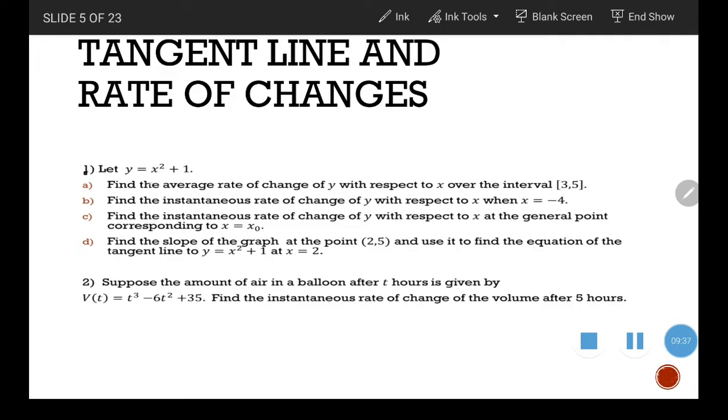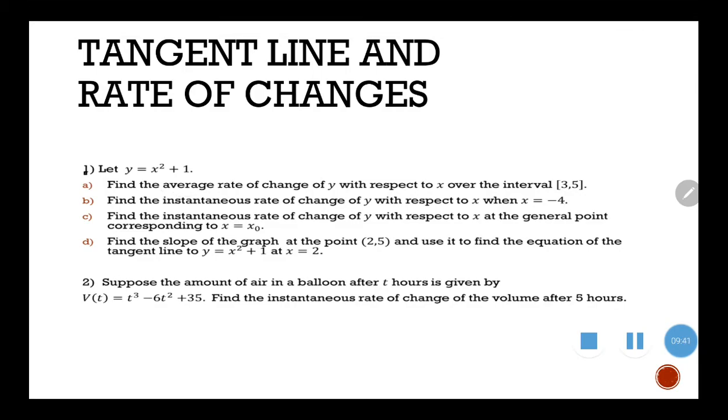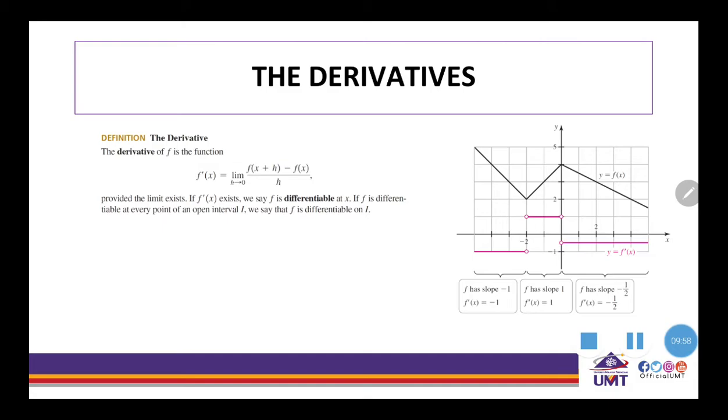The first question asks us to find the average rate of change of y with respect to x over the interval 3 to 5. So what does it mean here?